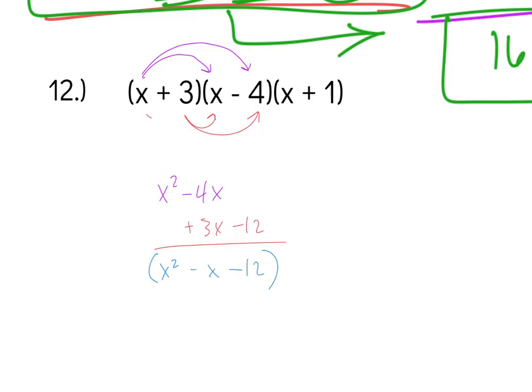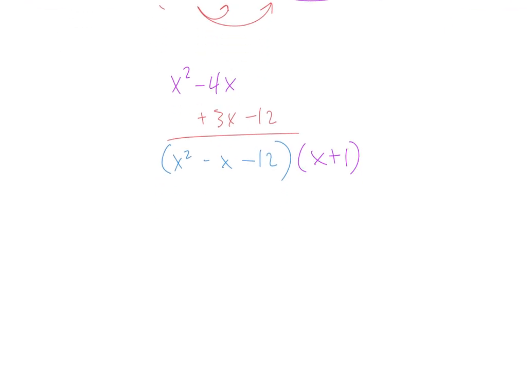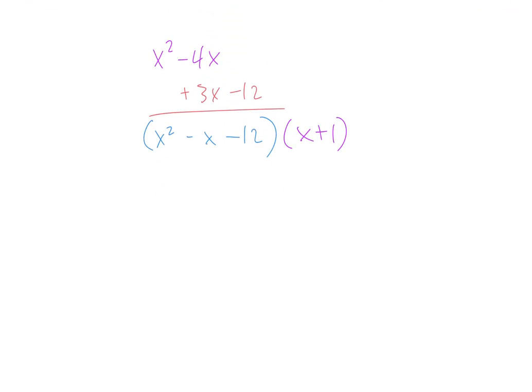And then you're going to multiply that by x plus 1. So I, just to keep things simple, like to multiply my binomials. So I'm going to do x times negative 12, x times negative x, and x times x squared. So that's x cubed minus x squared minus 12x.